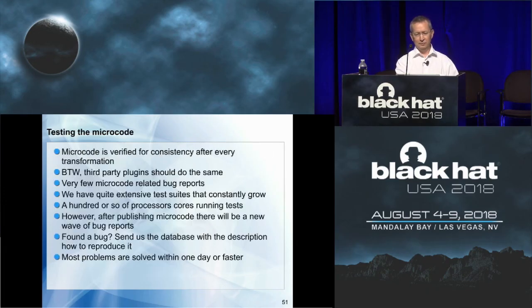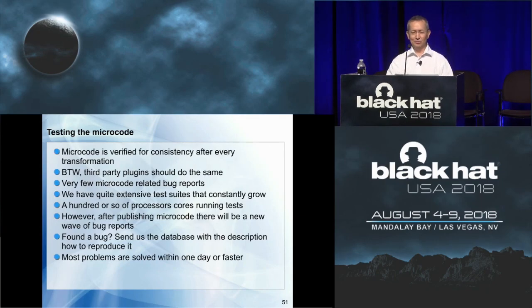Well, I think that I will skip these slides because I lack time. Sorry. Just a few words about the microcode testing. We really try for the microcode to be reliable and powerful enough to express real-world programs. Therefore, we test the microcode extensively.